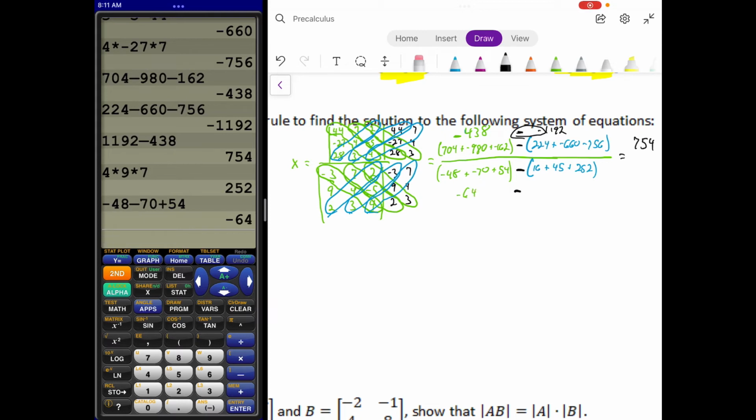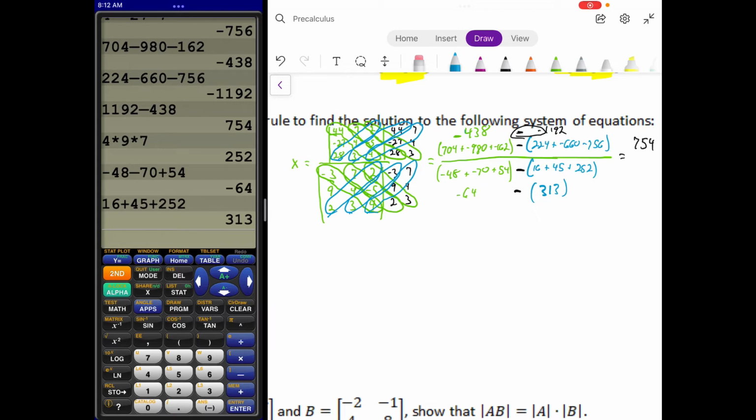And then we're going to subtract 16 plus 45 plus 252. Oops, I hit minus 45. It should be plus 45. Is 313.